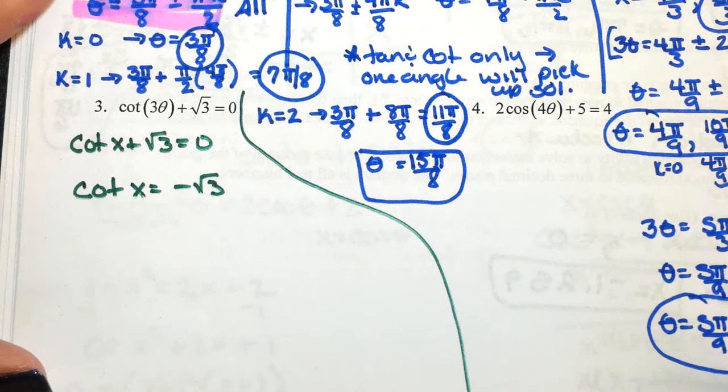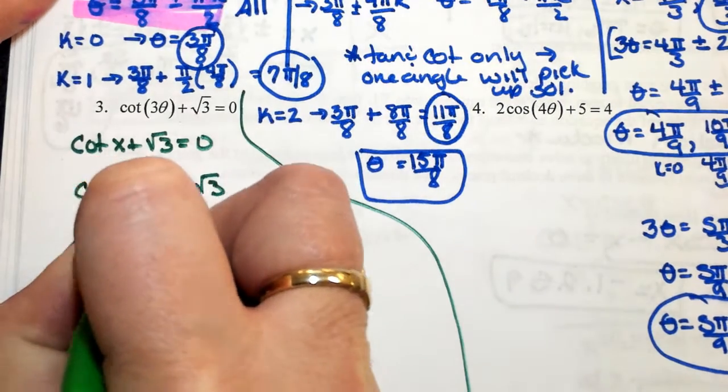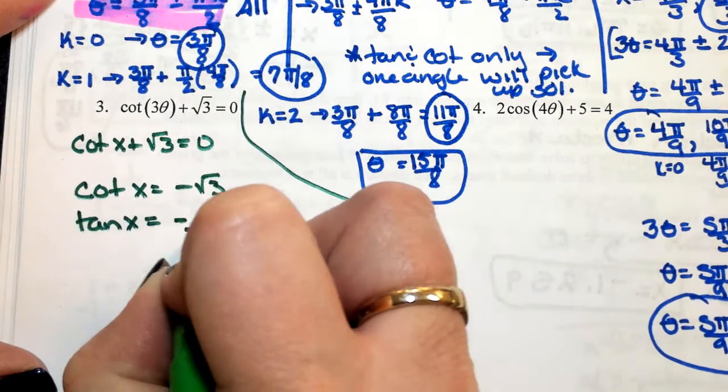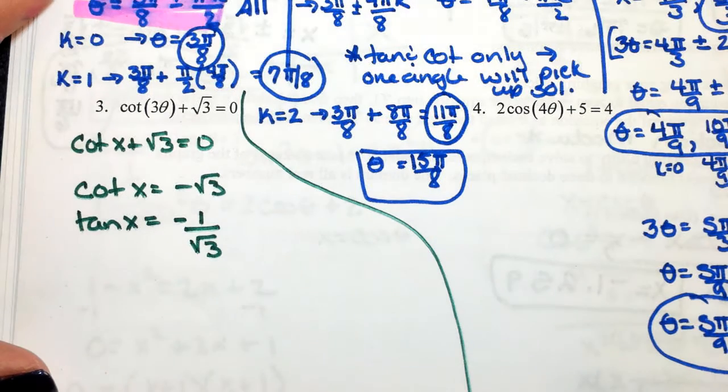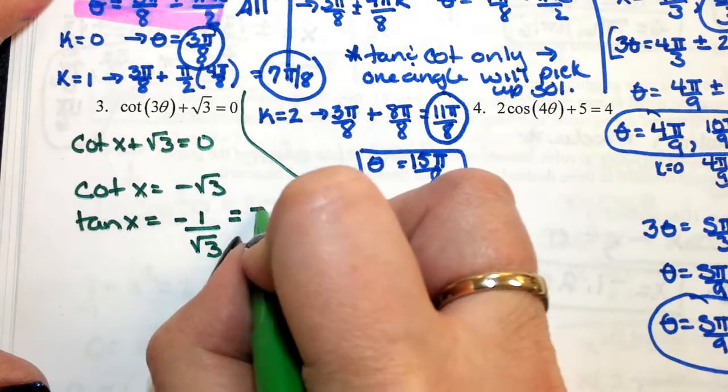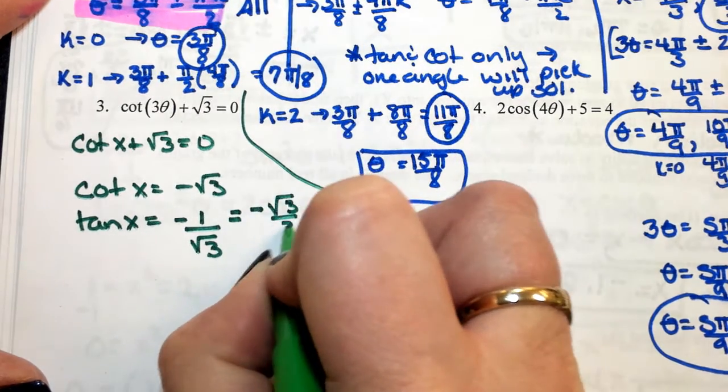If you're not sure where cotangent is equal to negative square root 3, cotangent is the reciprocal of the tangent. So I could take the reciprocal of negative square root 3, which would be negative 1 over square root 3. When I rationalize negative 1 over square root 3, that's equivalent to what? Negative square root 3 over 3.